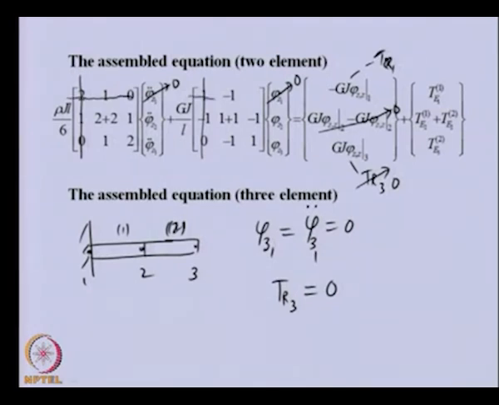This equation we can use subsequently for obtaining the reactions at this location once we have solved for the angular displacements of the system. So we have removed the first row and first column in each of these matrices, and whatever remains will be a 2 by 2 matrix, that we will call the reduced form of the equation.